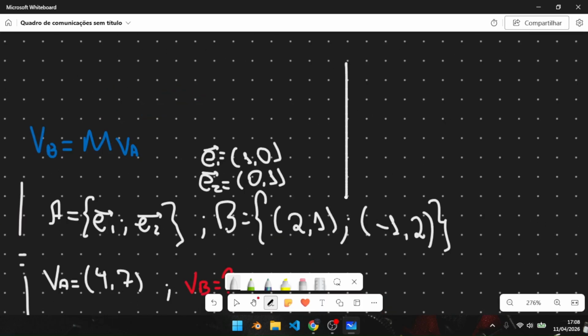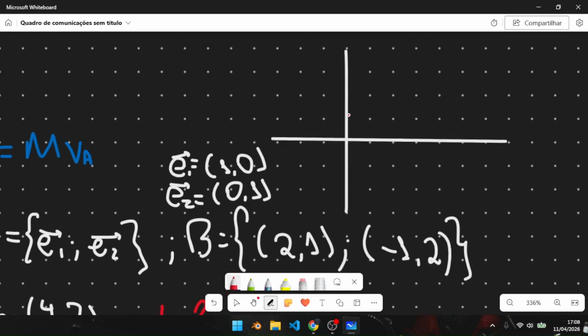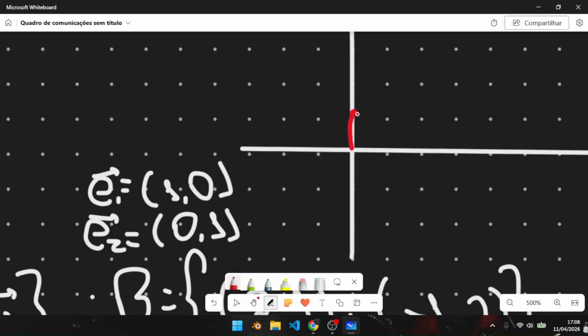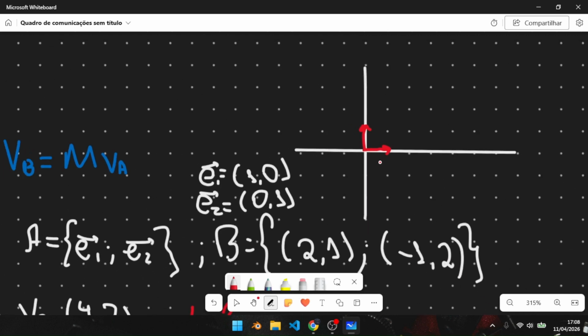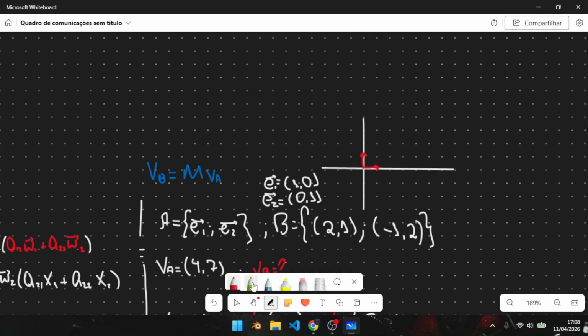They're a basis because you can imagine in the graph these two very small vectors here, and of course they can generate any vector in this space.